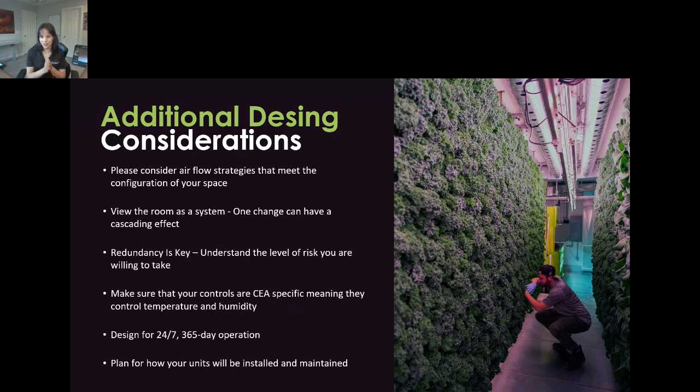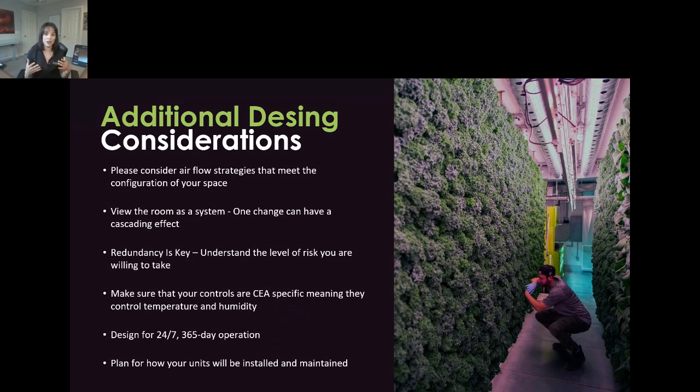So when you are thinking about your HVAC system, there are 3 ways to approach airflow or your air strategy in your grow room. Your HVAC system is going to provide your dehumidification and cooling capacity, and it's going to be input into your room. But if you've got multi-tier racks like this, I hate to break it to you, but it does not matter what duct system in the world you have, air doesn't go in turns.